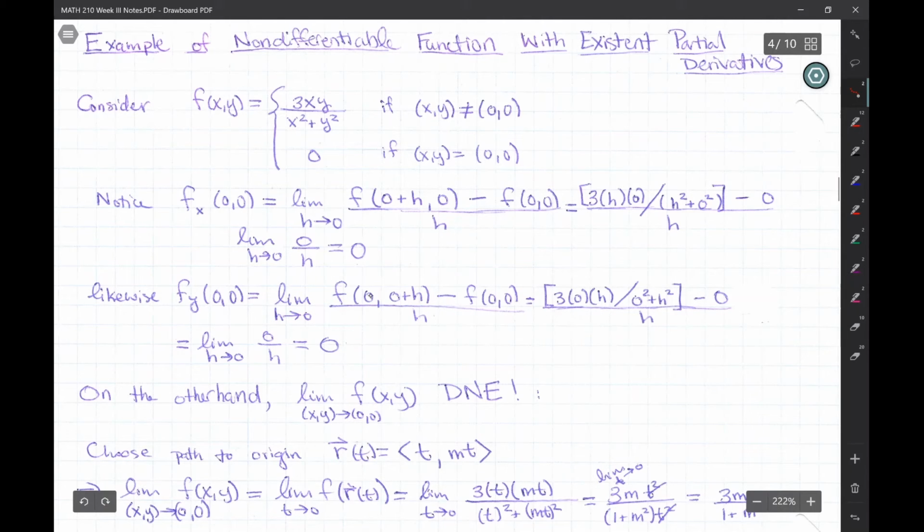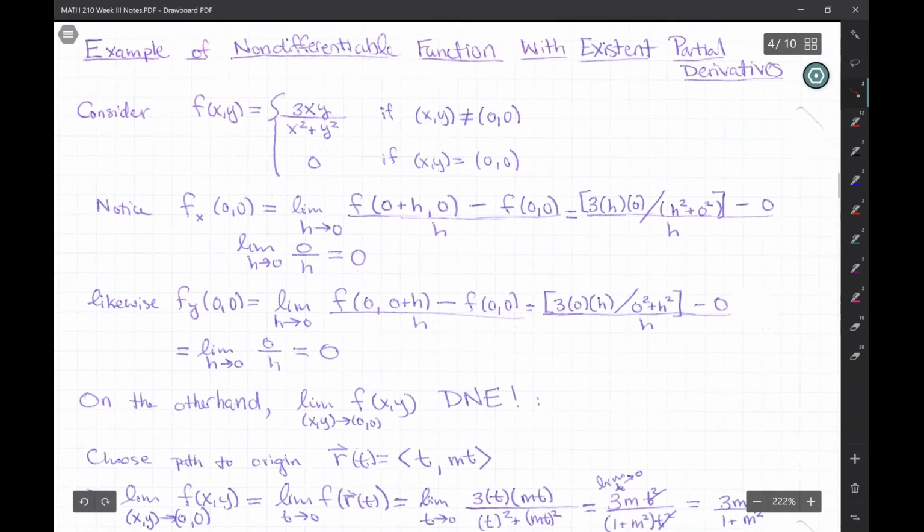So x is 0, and here is 0 plus h for y, so y needs to be h, and that's where we're getting this term here. We're plugging in the values into this. Minus f(0,0), what's f(0,0)? Well, it's 0. And so our limit turns out to be 0. So the partial derivatives exist, and they are 0. Both x and y, their partial derivatives are 0 at the origin.